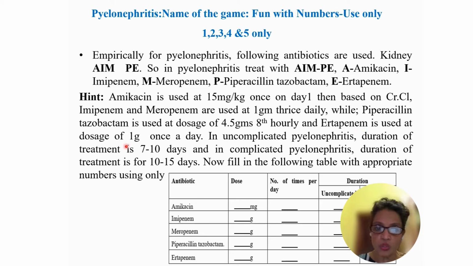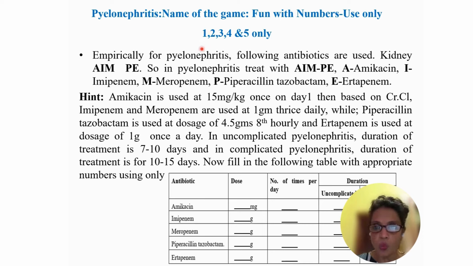Ertapenem is used at a dose of 1 gram once a day, and uncomplicated cystitis is treated for 7 to 10 days, and uncomplicated pyelonephritis is treated for 7 to 10 days, and complicated pyelonephritis is treated for 10 to 15 days. Now fill the table using only numbers 1, 2, 3, 4 and 5 only.